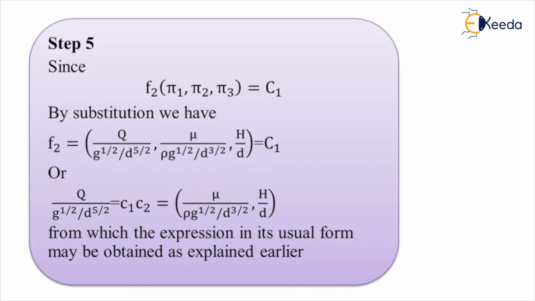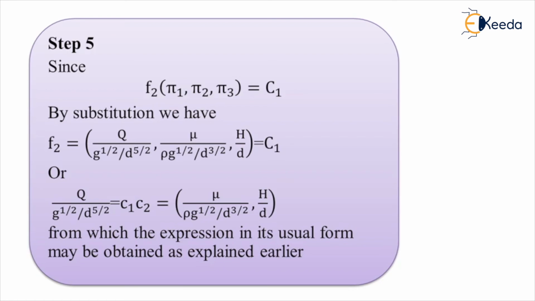In step 5, since f2 is a function of pi 1, pi 2, pi 3, which is equal to a constant, by substituting we have f2 as a function of Q upon g raised to 1 by 2 into d raised to 5 by 2, mu upon rho g raised to 1 by 2 into d raised to 3 by 2, and lastly the value of pi 3 is capital H upon small d, which is equal to a constant.